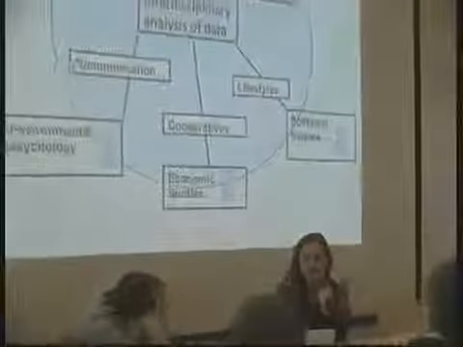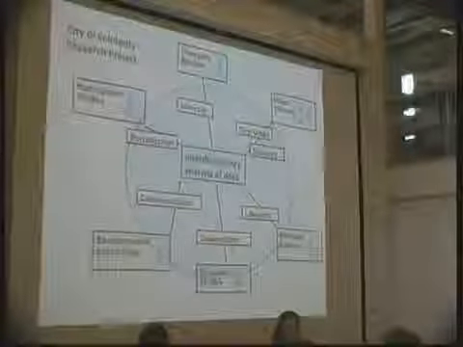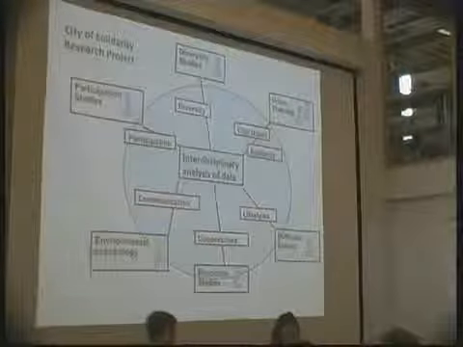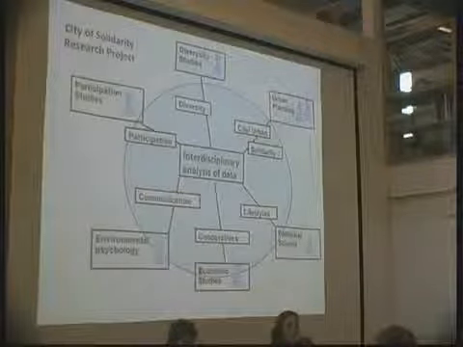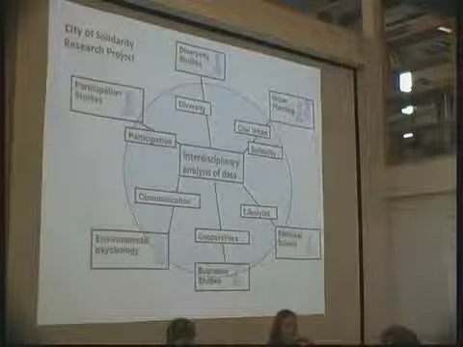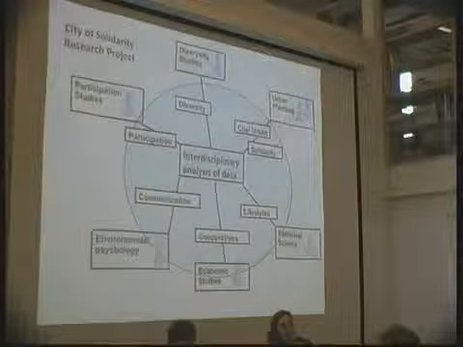This is just to explain a bit more who we are and what we're doing. You can see outside the circle the six different disciplines taking part in the project. Each discipline has one researcher, except urban planning, where we are two. Each discipline, in the analysis of data, has one keyword to analyze.